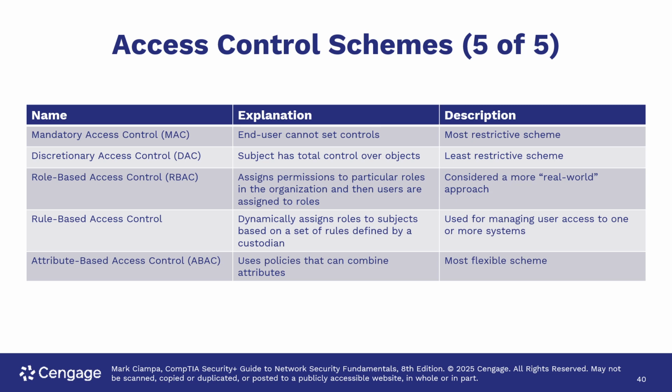Okay, so here they are listed in this table. Mandatory access control, discretionary access control, role-based access control, rule-based access control, and attribute-based access control. It's nice to have this little table if you're ever working with these, to have this explained like that.